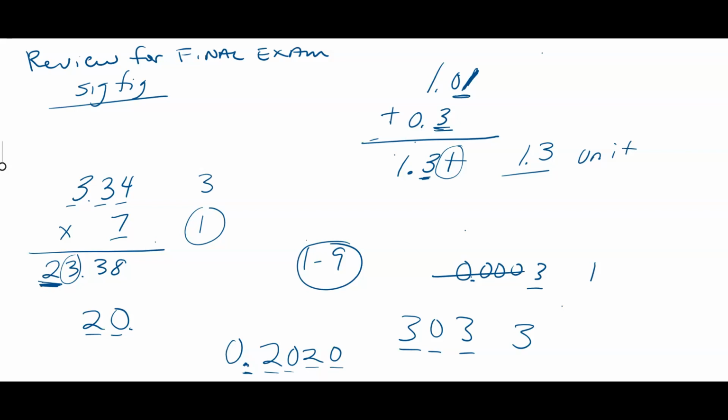They're just showing how small the number is. Zeros in the middle do count. And zeros on the right of counting numbers count only if you see a decimal somewhere. Anywhere in the number you see a dot, that zero on the right of counting numbers counts. So this answer here is 4 sig figs.